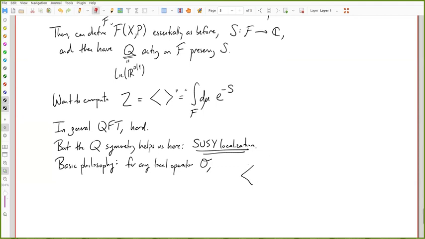But suppose you take your operator and you act with Q on it. The space of fields, we said, is acted on by this operator Q, and that action also acts on the space of local functionals on the fields, essentially by just duality. And the claim is that this is 0. This is always 0.